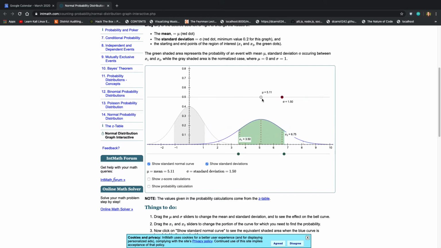I can also change the spread, or the standard deviation. The bigger the standard deviation, the more spread out the data is. The smaller the standard deviation, the closer it is to that mean value.